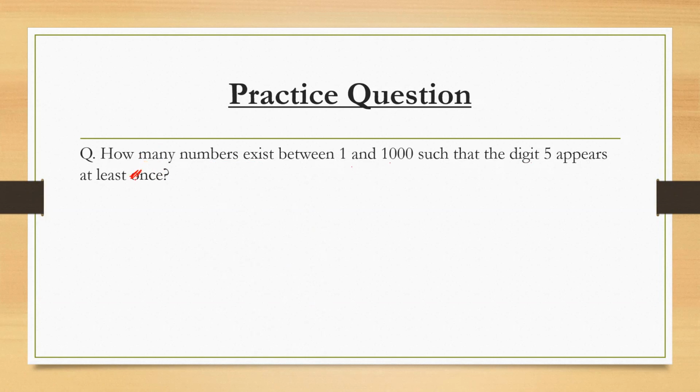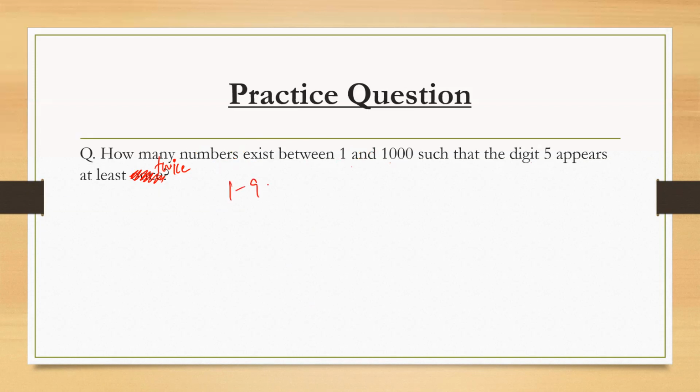If I change this and say how many times does the digit 5 appears at least twice, then what would be your answer? At least twice matlab that integer should have that is 5 and 5 should be there simultaneously. Okay. तो ऐसे कितने numbers होंगे? Think it through, okay? But the concept will be the same.